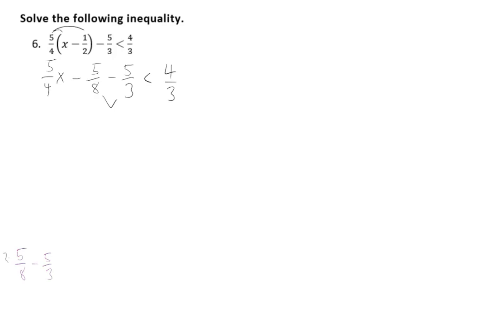So I need to multiply top and bottom by 3 and multiply top and bottom by 8. So that's 15 over 24 minus 40 over 24. And that would simplify to, don't forget about your negative sign. So that's negative 55 over 24.